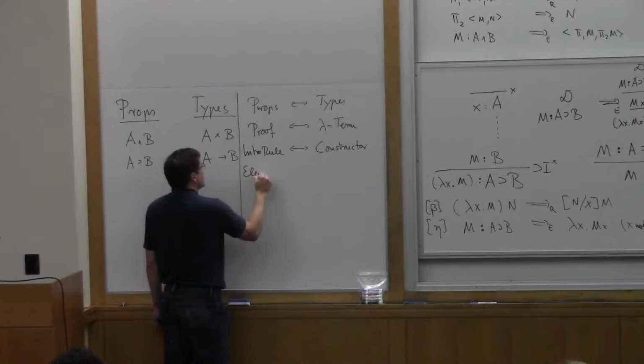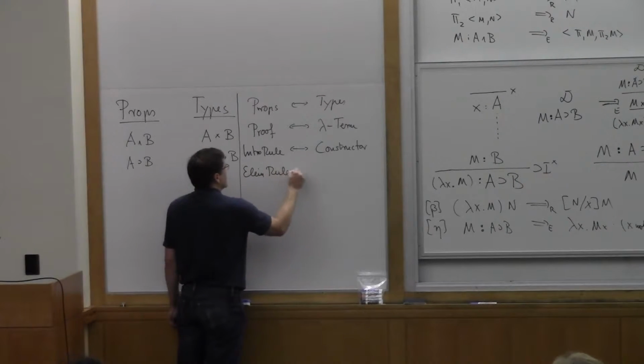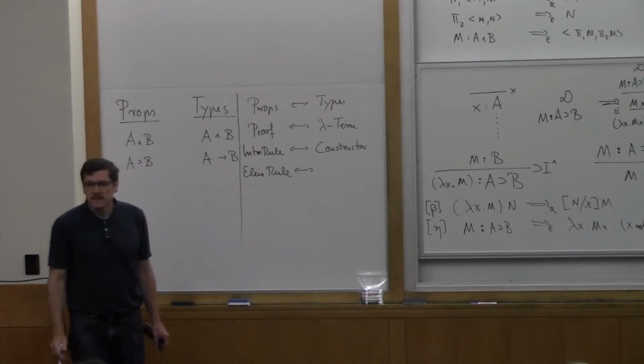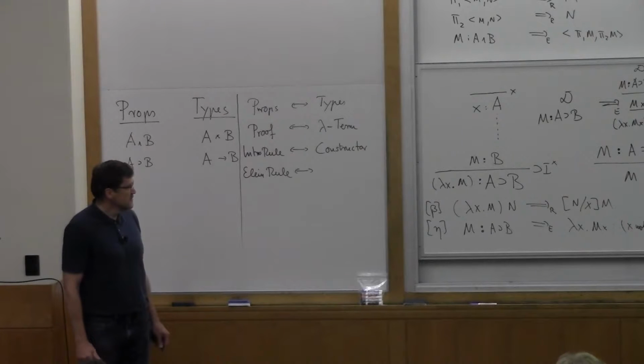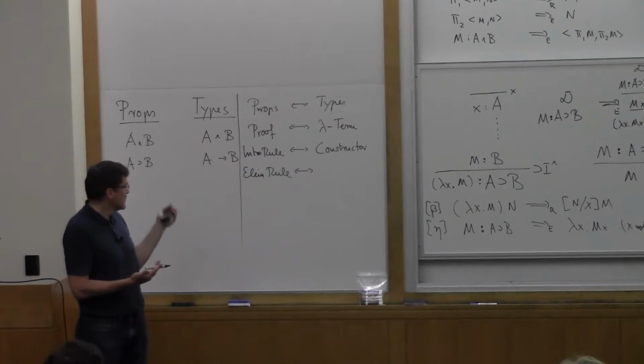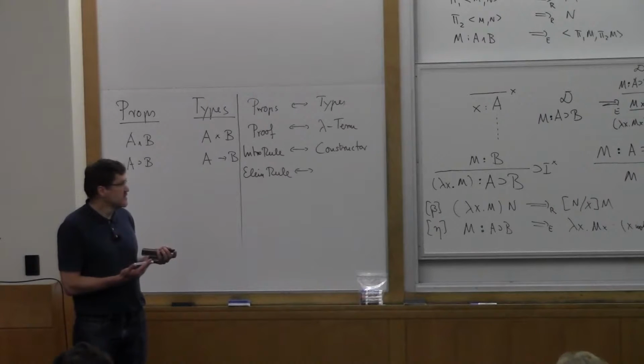An elimination rule, what does an elimination rule correspond to? Well, as a term formation thing, what does it do? It leads to evaluation, but what does it do as a term formation?